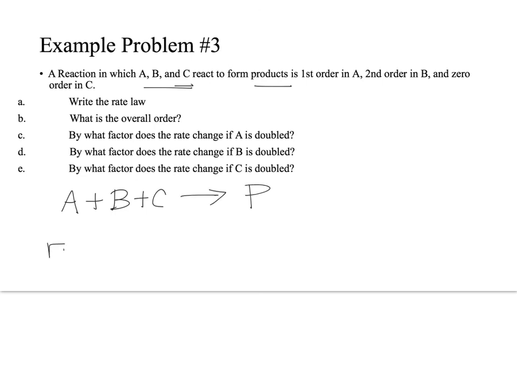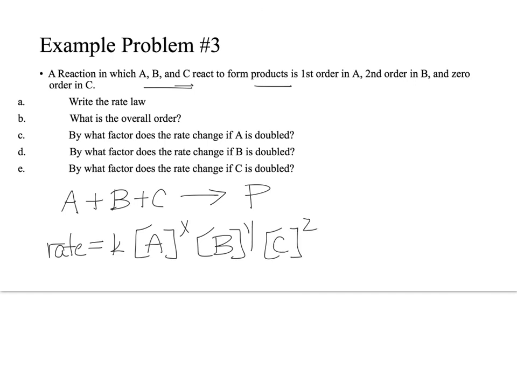We know our rate law is equal to little k times some concentration of A, some concentration of B and C, each raised to some order. Okay, then I'm told additional information. It's first order with A, second order with B, and 0 order in C.